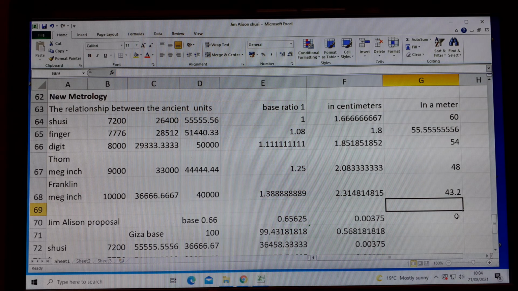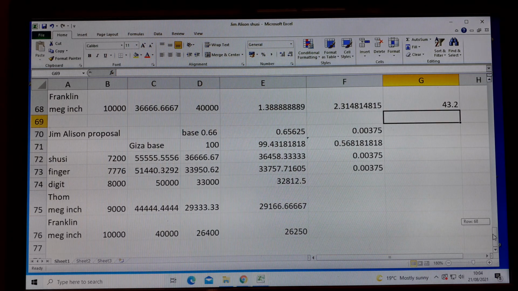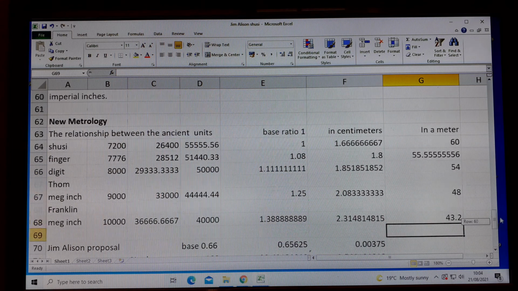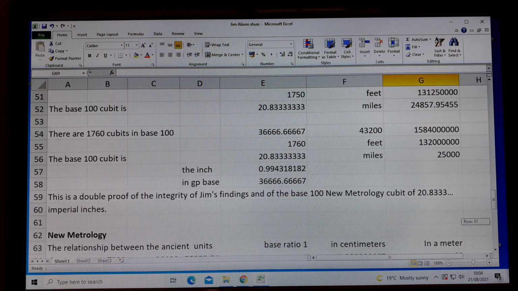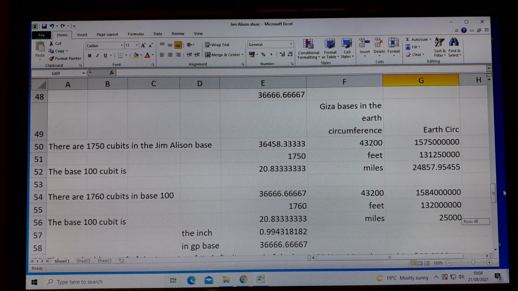So really, I've just got to analyse Jim's proposal now and look at what he's actually suggesting and whether or not it's stacking up against the new metrology. And what Jim is suggesting is that because his calculation is giving this Earth circumference, which is so close to the polar circumference, it must be correct.